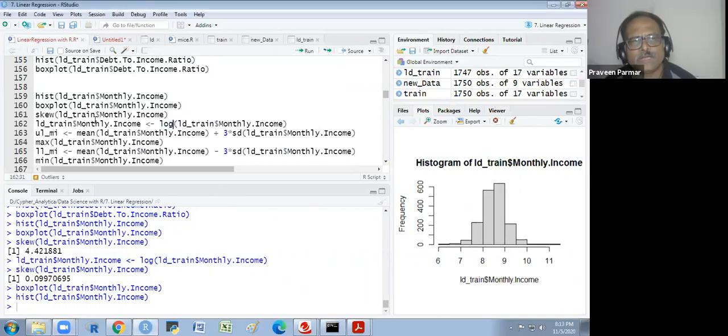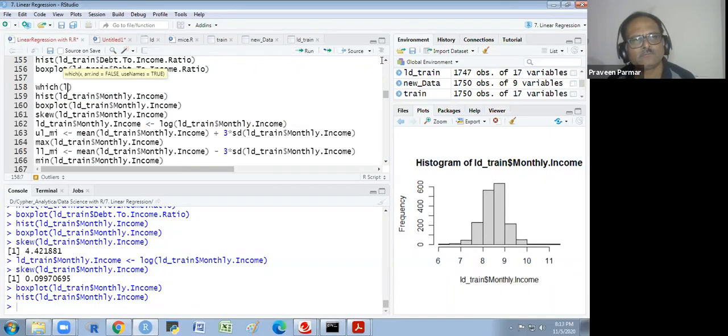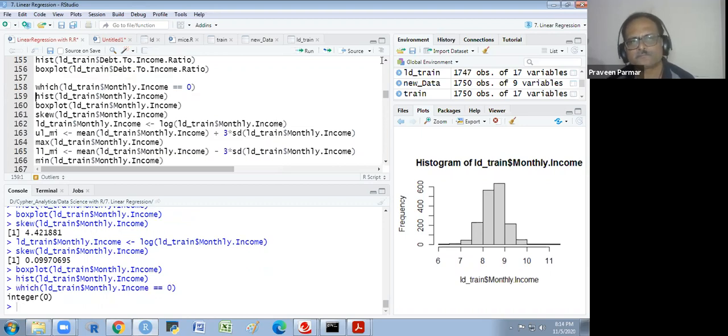If you see the values in the monthly income, first we check this. Whether some value is equal to 0, or we check this.